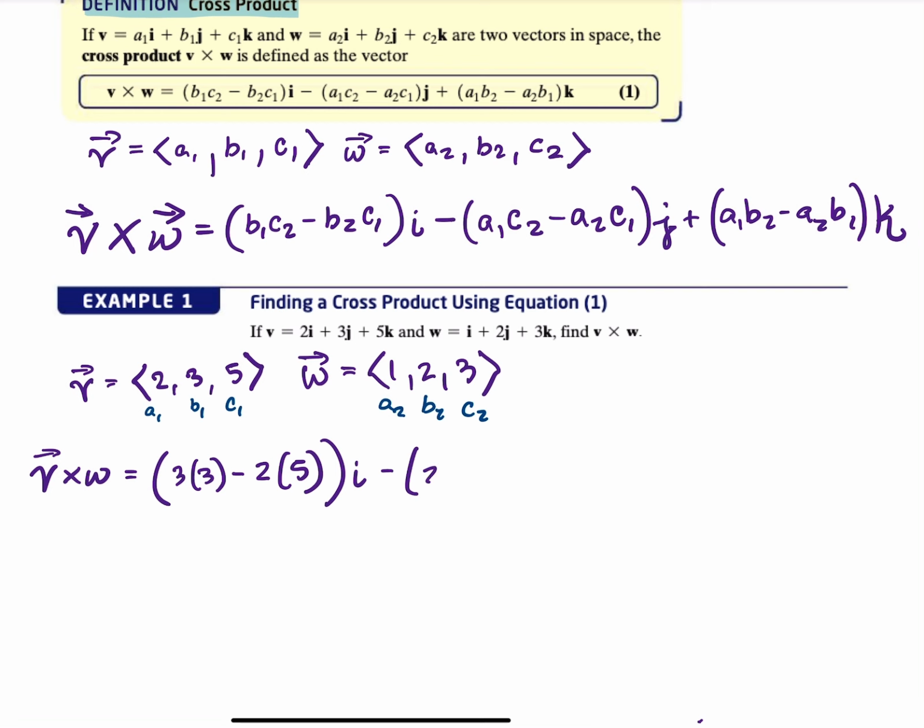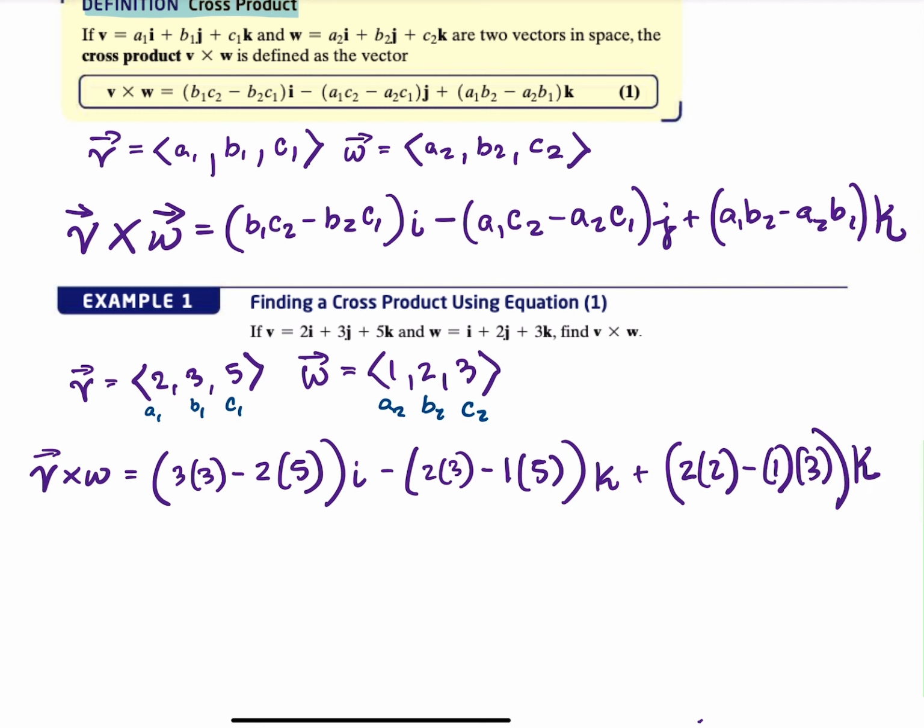So that will be 2 times 3 minus 1 times 5. Plus a1b2 minus a2b1. So a1 is 2, b2 is 2, minus a2 is 1, b1 is 3. That will be for our k term.